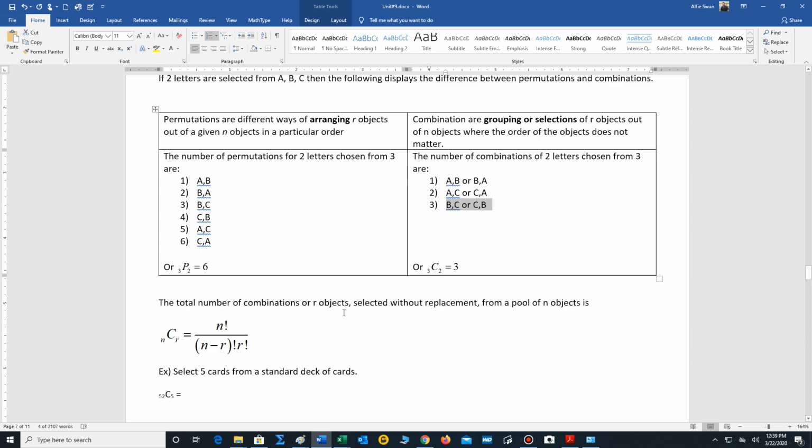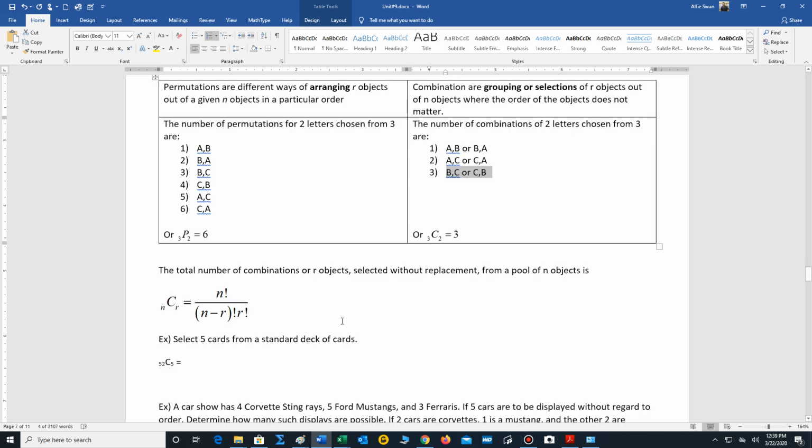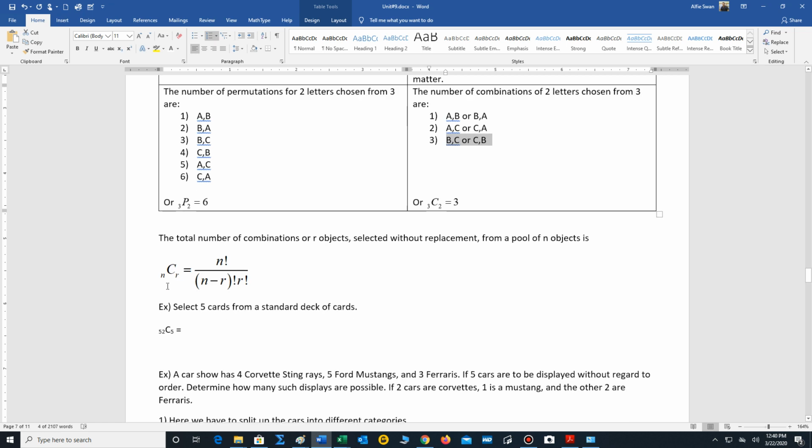Okay, so there is a formula that we'll be working with to compute combinations. However, once again, I'm just going to remind students that you do have a function on your calculator to compute these combinations, and I have videos that will show students how to actually utilize that function. So the formula is the following.